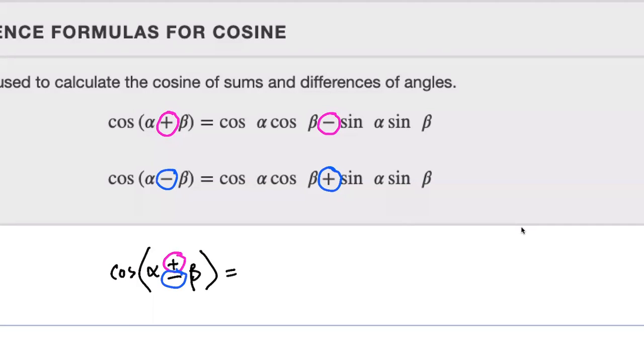And like before, the formulas are actually exactly the same except for the pluses and minuses. So we can write cosine alpha cosine beta, I'm going to leave a space, sine alpha sine beta, okay? Now here's the important part. What do I write in between the cosine alpha cosine beta and the sine alpha sine beta?